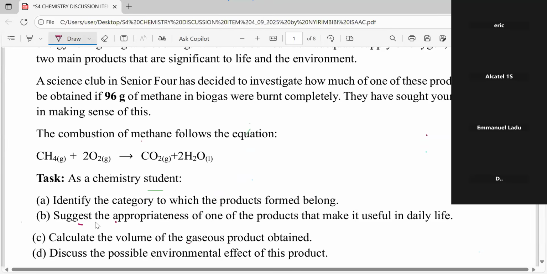So you said non-flammable. It is denser than air. It is soluble in water under pressure. It is colorless and odorless, but turns lime water milky.